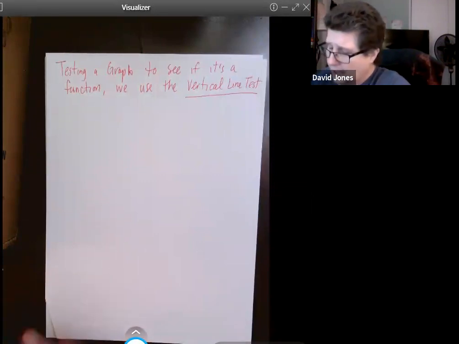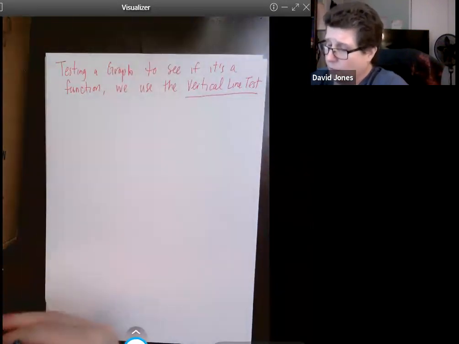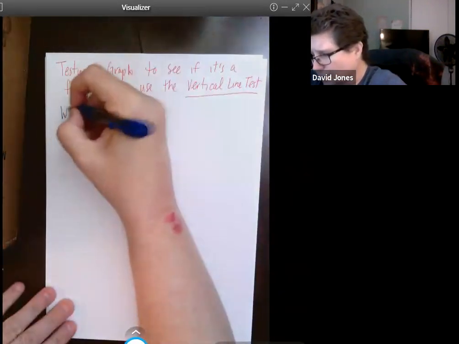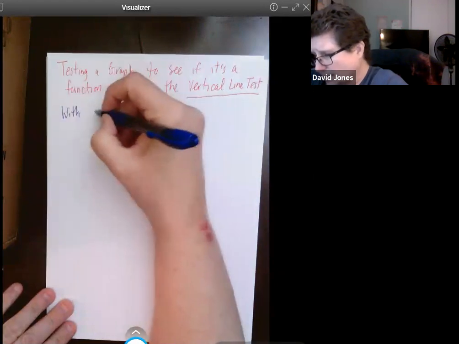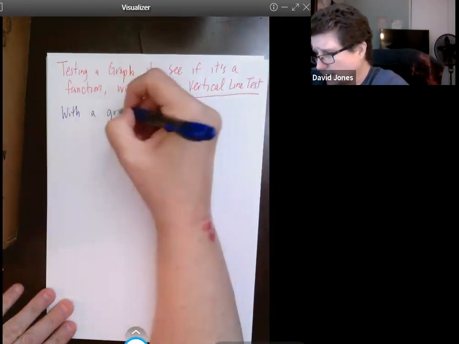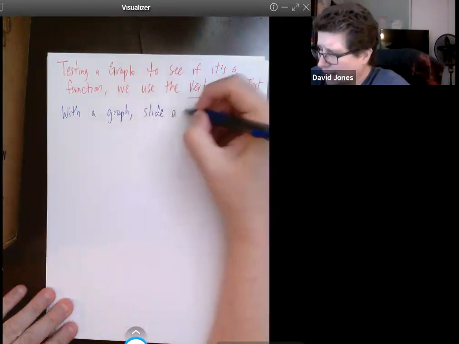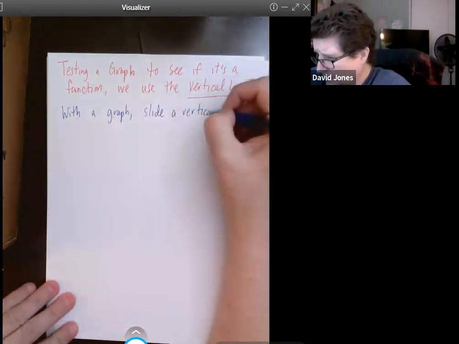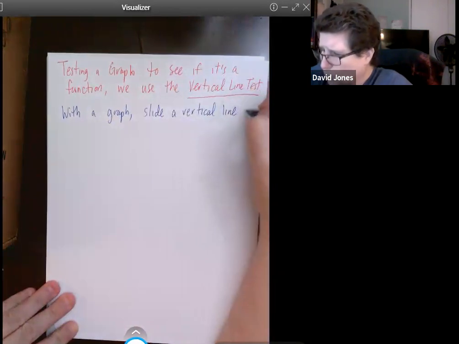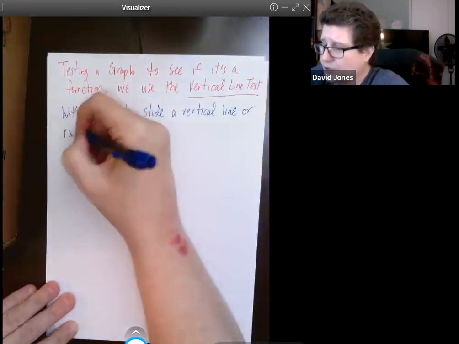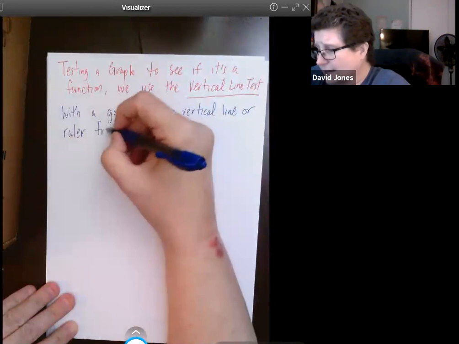And what we do is, with the graph drawn or shown, slide a vertical line or ruler, a ruler is a good one to use, from left to right.